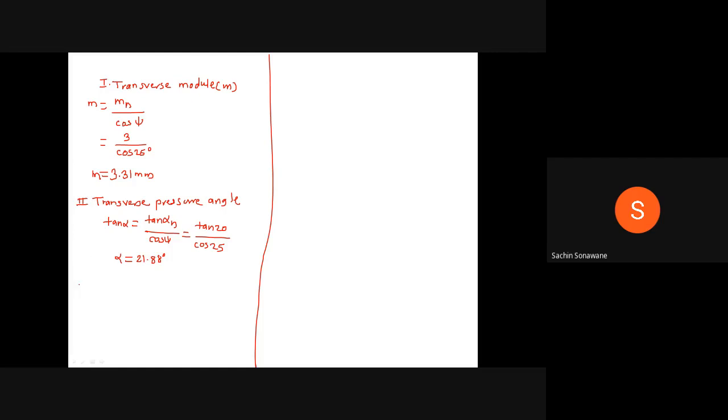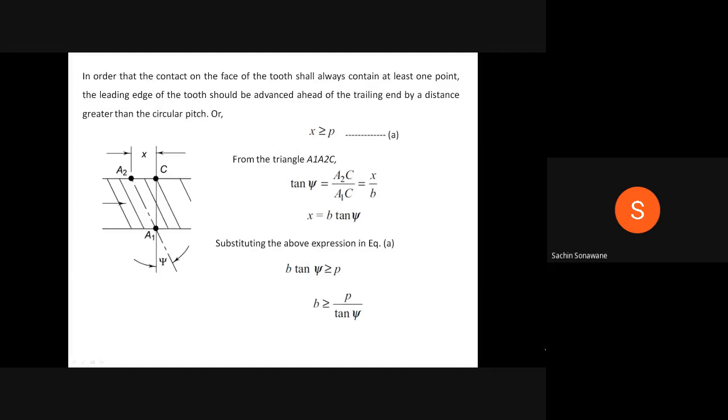Now calculate axial pitch. Third value. Axial pitch, that is PA. What is the formula? We have seen in the expression, we'll go back now. This is the axial pitch.